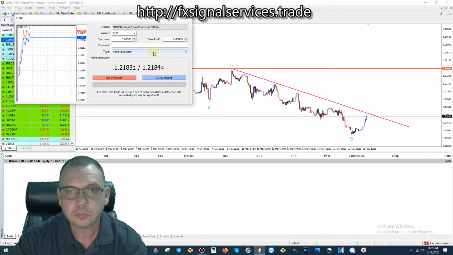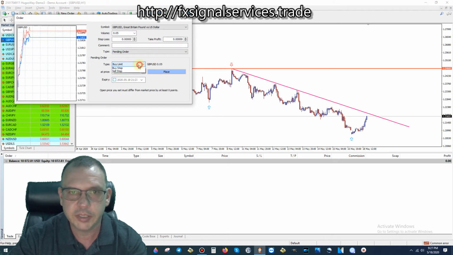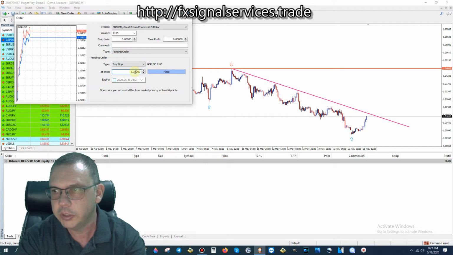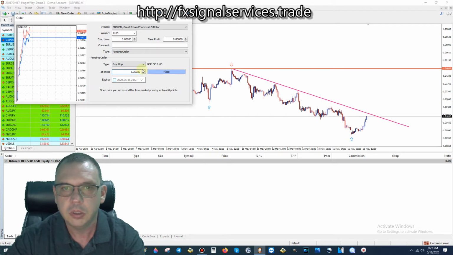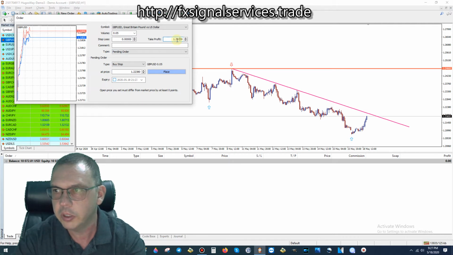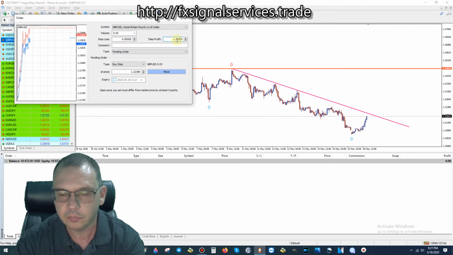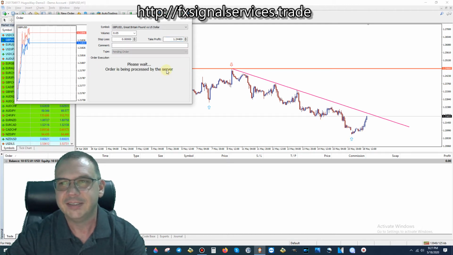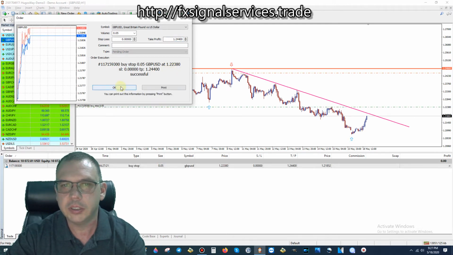Technically you can do this anyways, but I'm going to put a buy stop at 1.22380 and take profit at 1.24300, like that. I'll make it even 400 because I'm greedy. So it would look something like this.